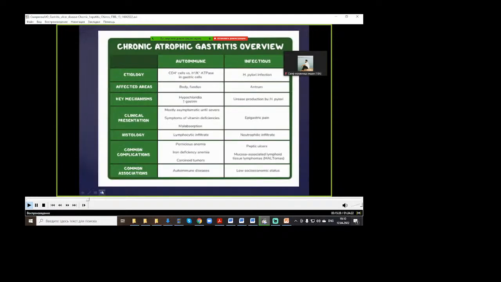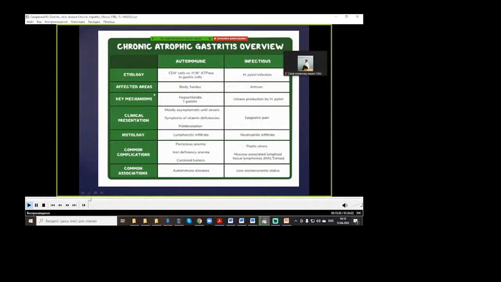This table shows the difference between autoimmune and Helicobacter pylori gastritis. They have a difference in etiology. In affected areas, autoimmune gastritis affects the body and fundus of the stomach, and Helicobacter pylori predominantly the antrum of the stomach.